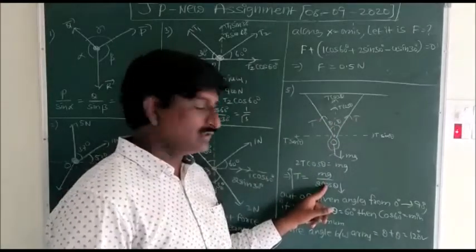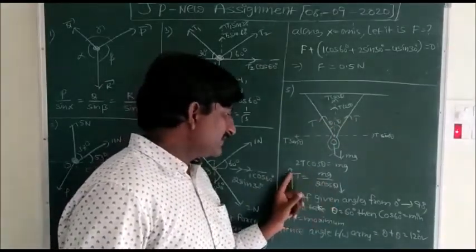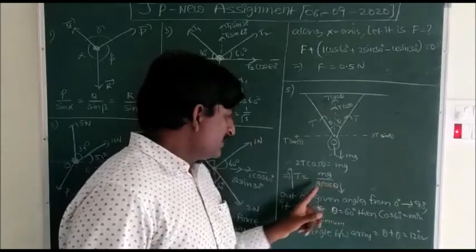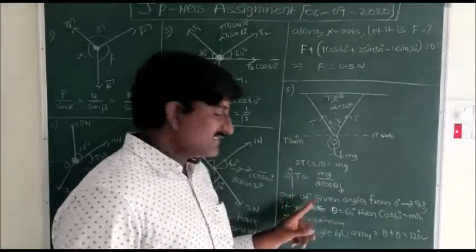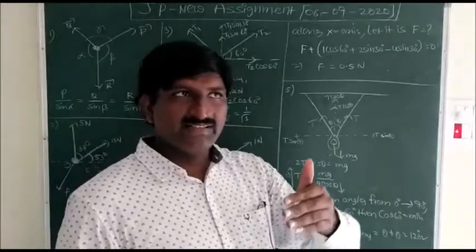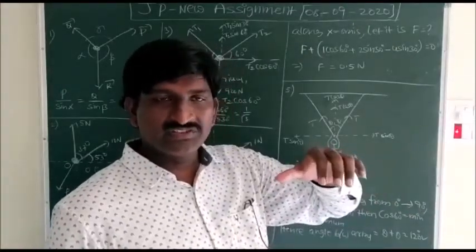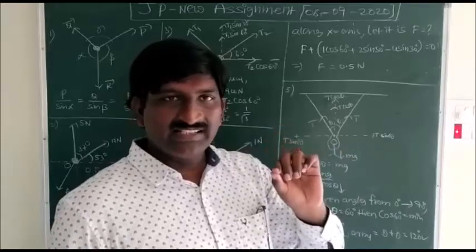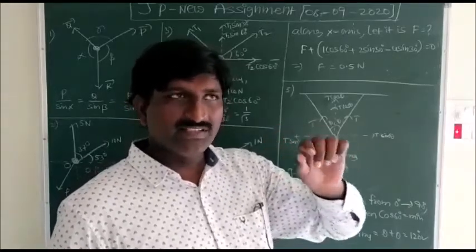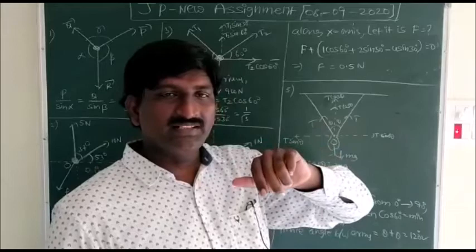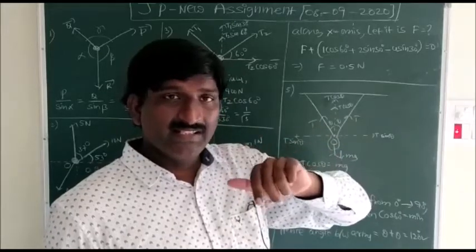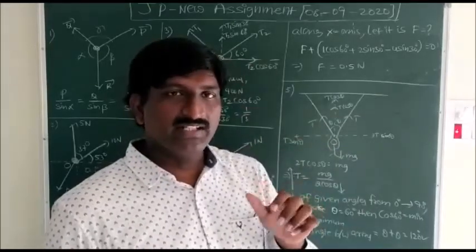Here you can clearly observe that tension is inversely proportional to cos theta. So regarding cos theta, if you take different angles from 0 degree to 90 degree, in the given options, the first option is 0 degree, the second option 30 degree, the third option 60 degree, the fourth option is mentioned as 120 degree.